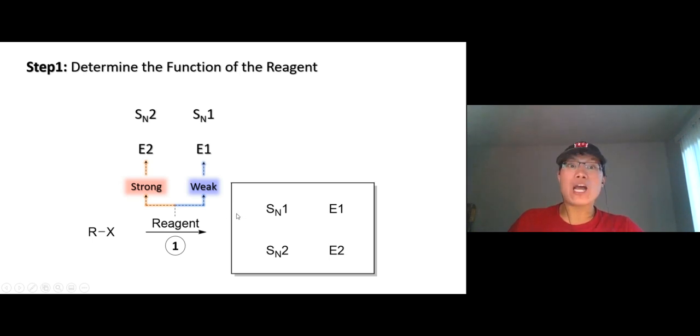See that? It eliminates many options, right? For example, iodide, a strong reagent, is going to go SN2. Hydride is going to go E2, a strong reagent, right? And there will be something in between, like hydroxide, which can go either SN2 or E2. But we have to talk about other factors again, right?